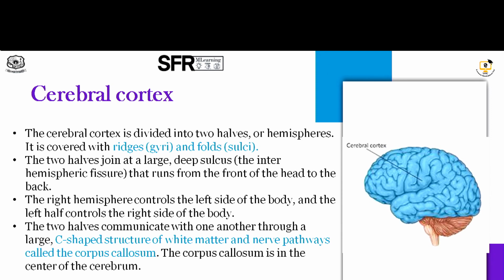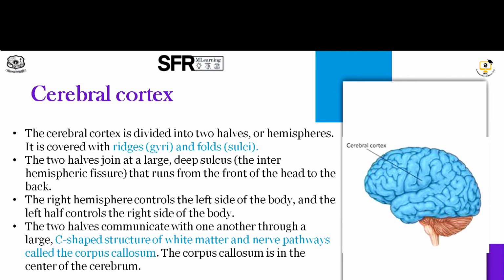A fissure is a deep depression, and a sulcus is a shallow depression. In the brain, we have the great longitudinal fissure, which divides the two cerebral hemispheres. Your left and right cerebral hemispheres are divided by the great longitudinal fissure.